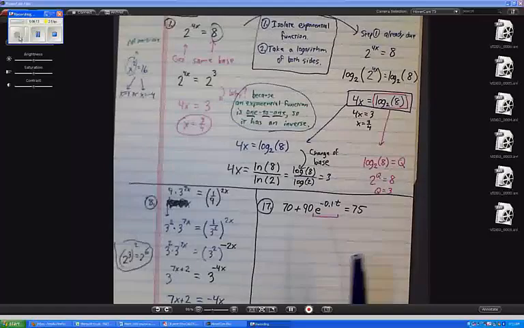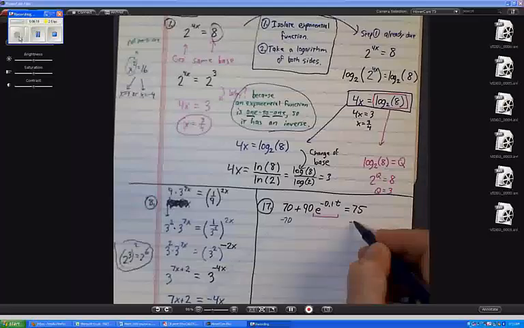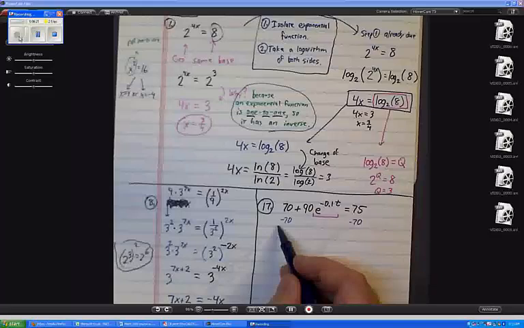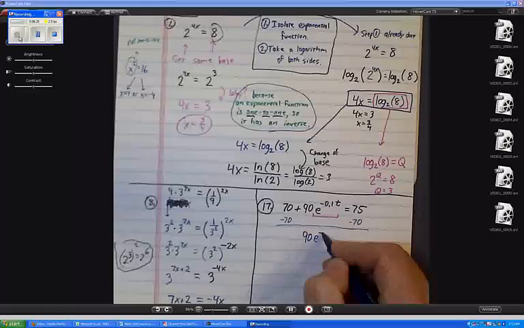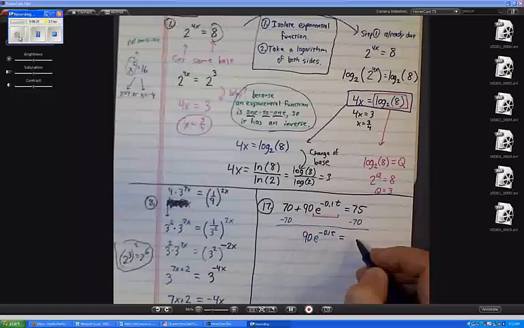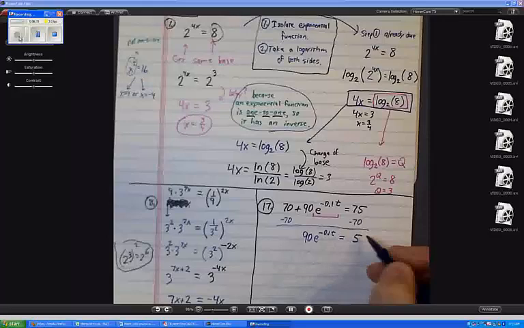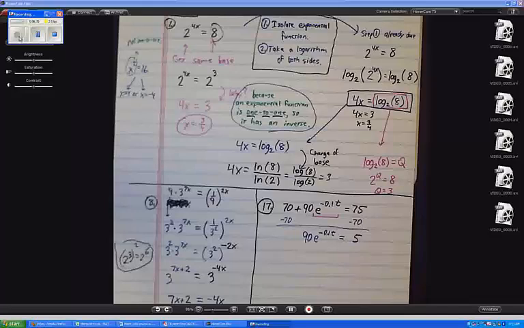So you know what the first step is we'll do to both sides? Yeah, let's subtract the 70 from both sides. So let's see. Now I have 90e to the negative 0.1t is equal to 5. So that's okay. And do you know what the next step is?